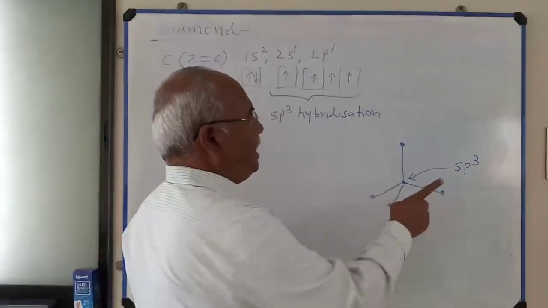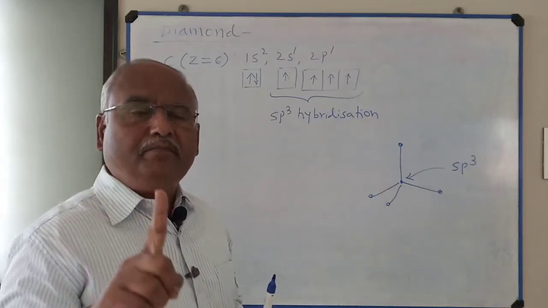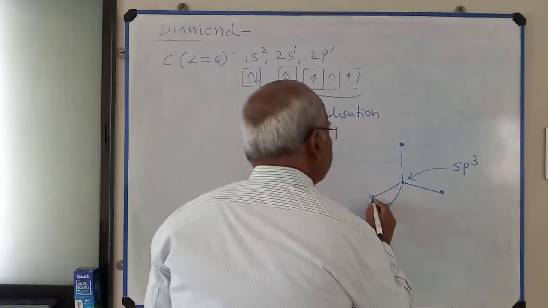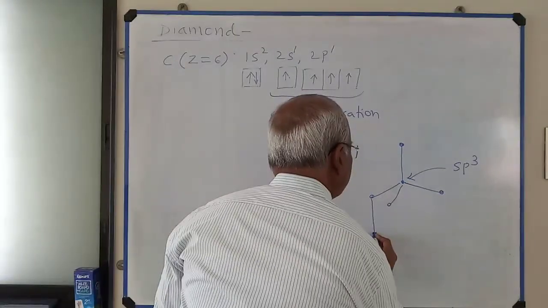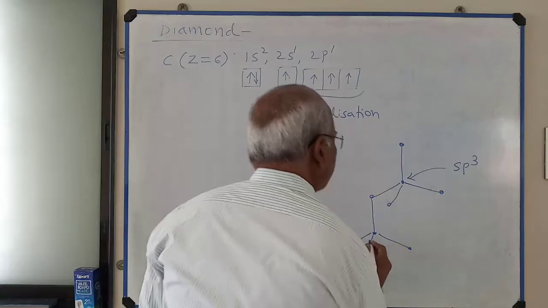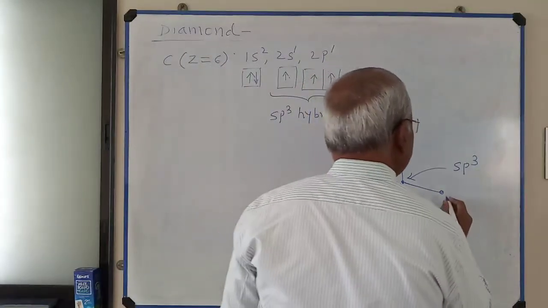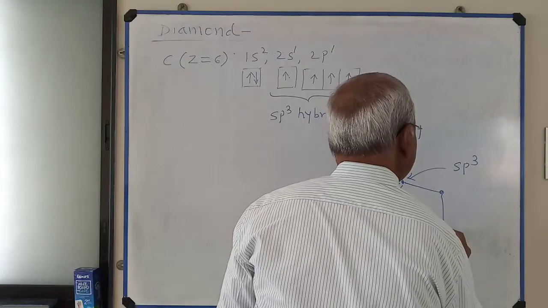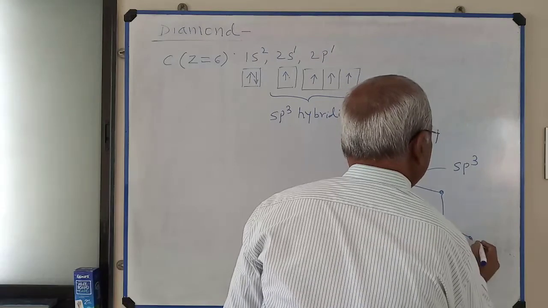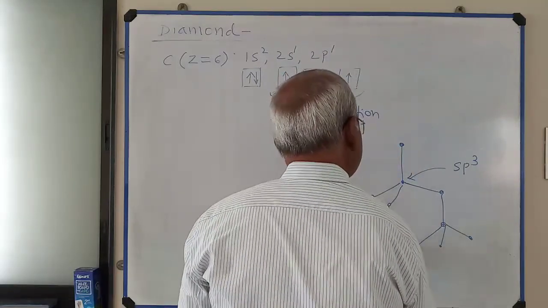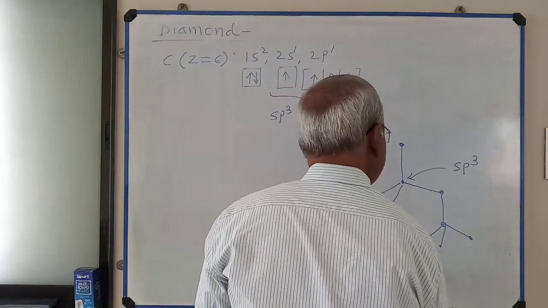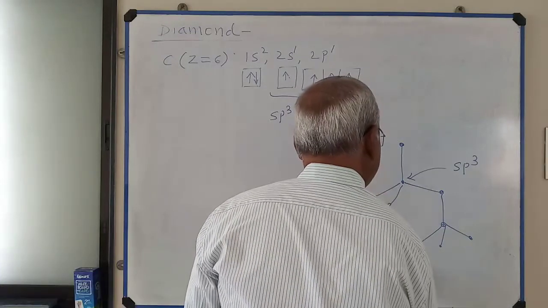Each carbon again combines with other 4 carbon atoms. So I represent this carbon combines with 1, 2, 3, 4 carbons. Similarly, this carbon 1, 2, 3, 4. This carbon combines with other 4 carbons. Similarly, I show like this.